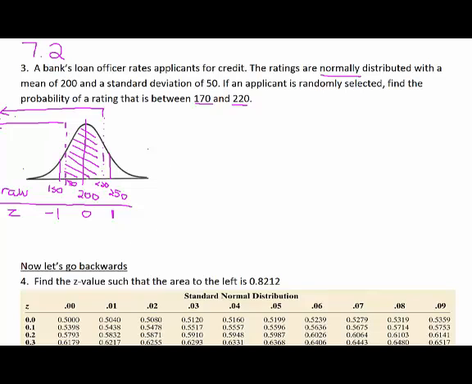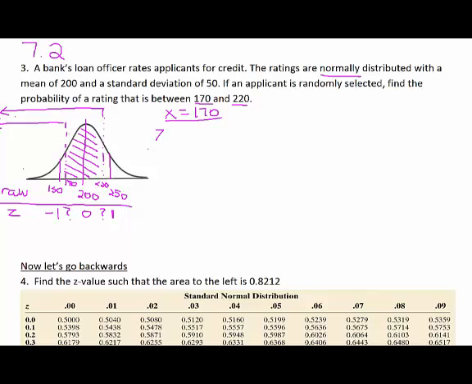So what we're going to do is find the probability below the top boundary, and then chop off the probability below the lower boundary, and that will leave us with the middle stuff. So I need to find both of these z-scores. It doesn't matter which one you do first. Let's just go ahead and do the 170.